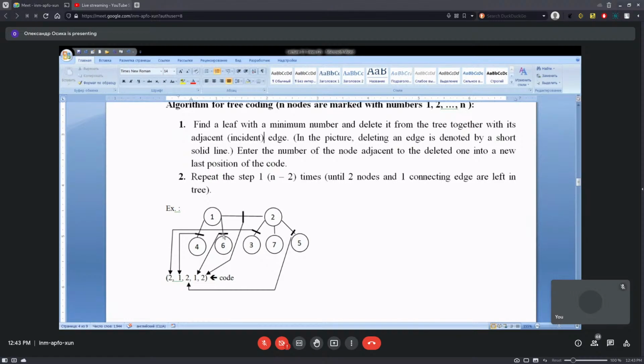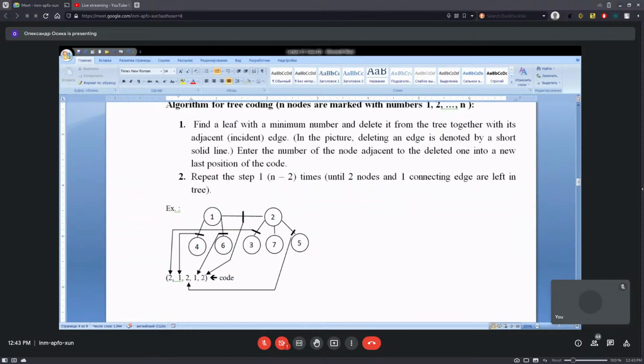We delete 6 together with its edge, write 1 here, and now we have 3 vertices left in the tree: 1, 2, 7. Now the leaf with the minimum number is 1. We delete it together with the edge and write 2 here.